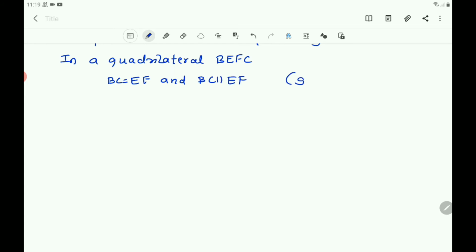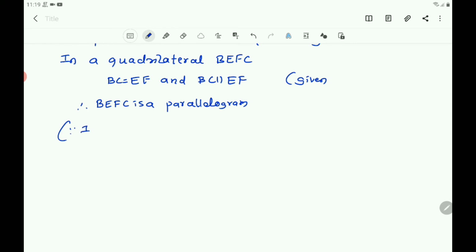Therefore this implies BEFC is a parallelogram.